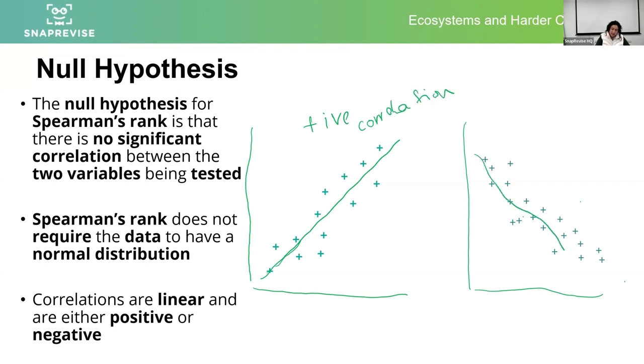Here I have a negative correlation. And if my data were completely randomly scattered like that, then I would say that I have no correlation.